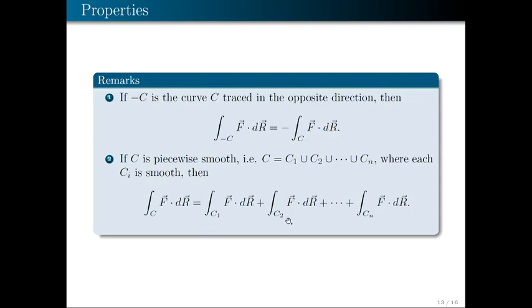So over C1, over C2, and until over Cn. Then we just add up all the line integrals that we have. Again, this is because the integral is just a limit summation, and of course, limit summations are all linear. So we shall use this second remark for our last example.